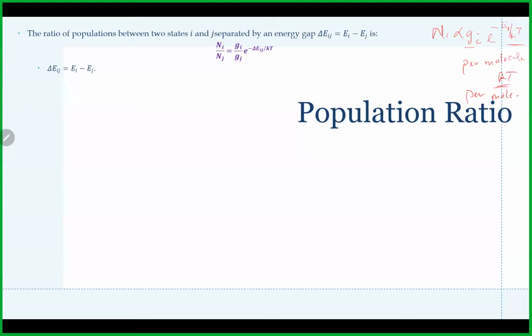You just want to know the relative amount of population in this level compared to another level, because that's more related to intensities that we see in the spectrum.